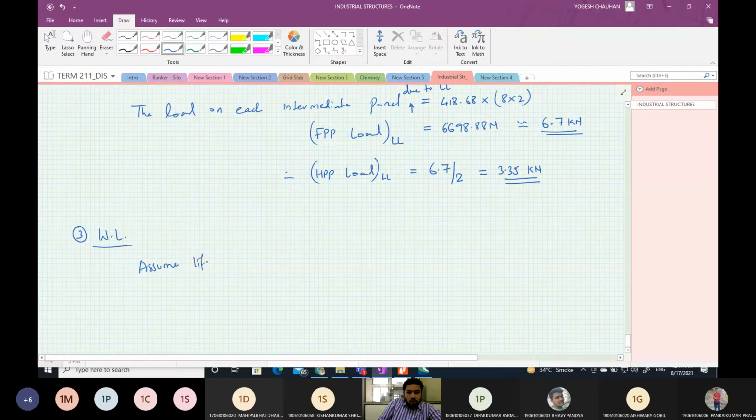Terrain, plain terrain. Because these things are not given in the data, you have to assume plain terrain surrounded by small buildings.